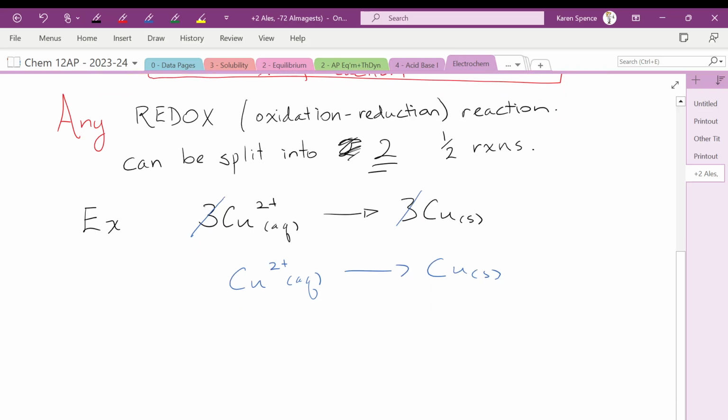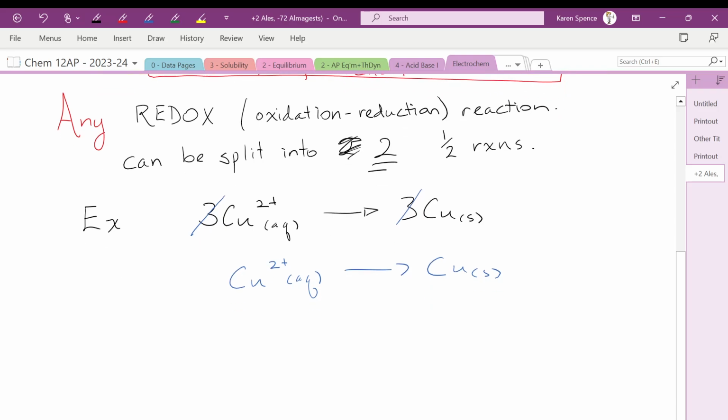Now, before we do anything else, I would like to ask you, what is the oxidation number of copper here on this side? 2 plus. What is the oxidation number of copper on this side? 0.